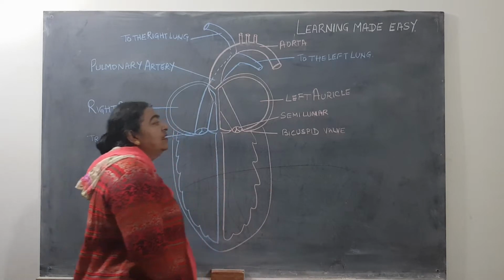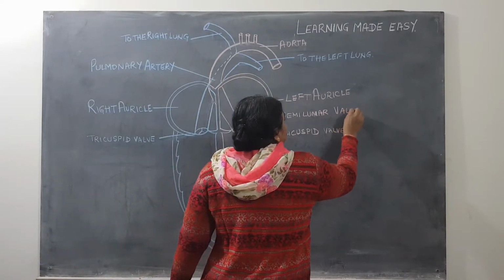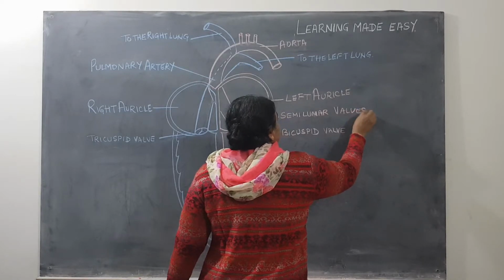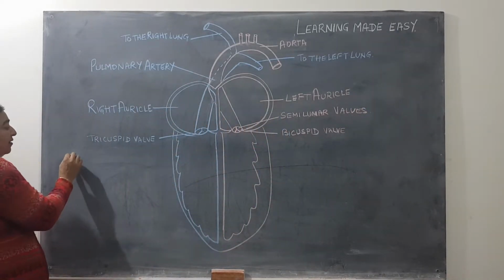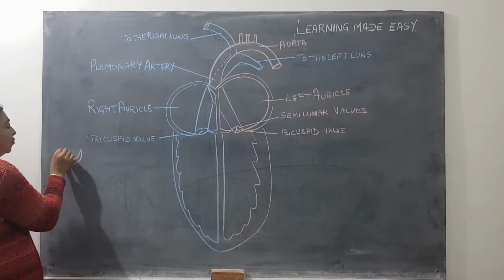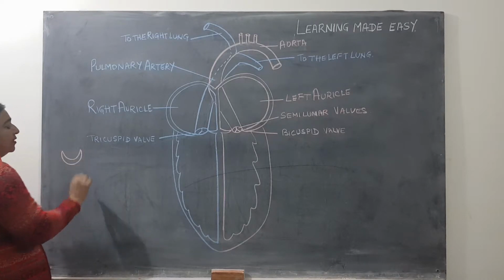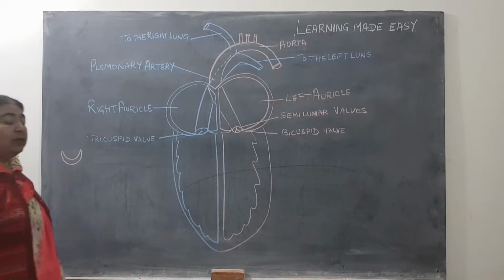So we can say the semilunar valves are similar to the moon. They are like this, half moon shaped. These valves are 3 in number and they guard aorta as well as pulmonary artery.